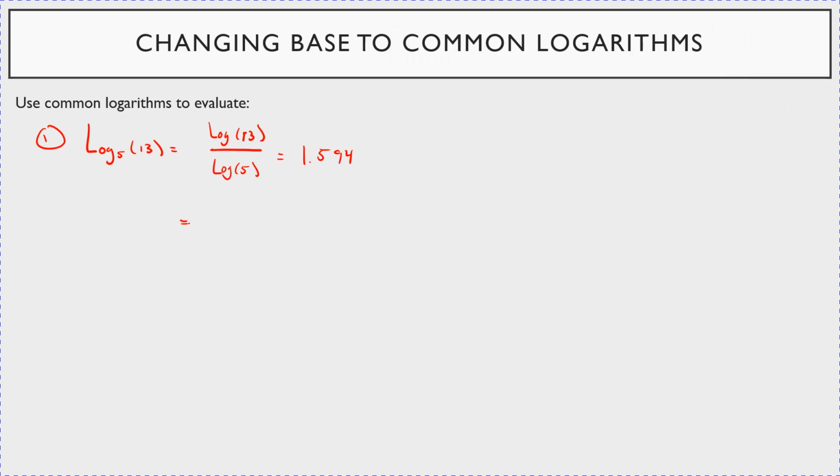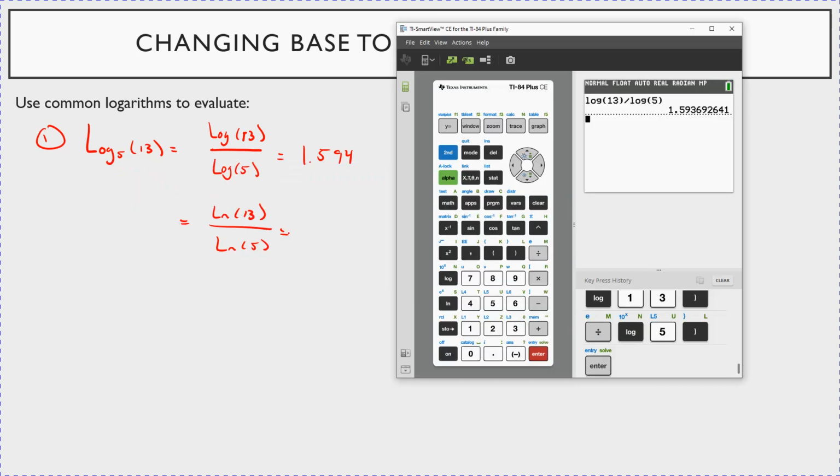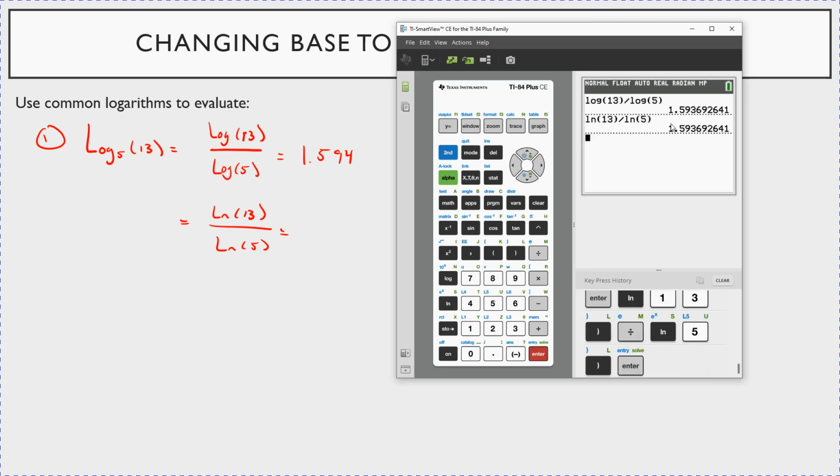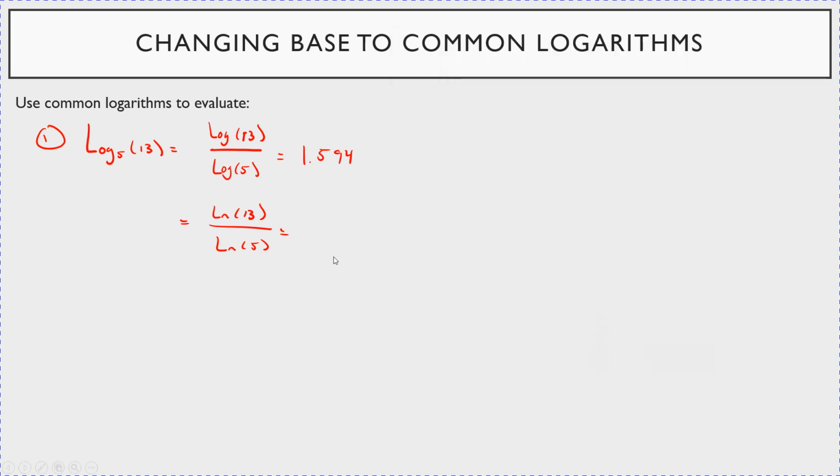And look, you would get the same thing if you were to do this as the natural log of 13 over the natural log of 5. So if instead you wanted to use the natural log, you get the same thing. Let's do this one, which will be the last one. Let's do log base pi, that's wild, of 63. I'm going to evaluate this as log of 63 all over the log of pi.